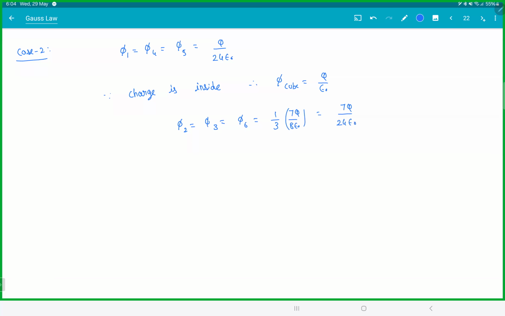Q by 8 epsilon. So flux 2 plus flux 3 plus flux 6 by symmetry plus flux 1, 4, and 5 is q by epsilon. This will give q by 8 epsilon. So automatically this should give 7 q by 8 epsilon, and each will take 1/3. Clear? The total should be q by epsilon, no?